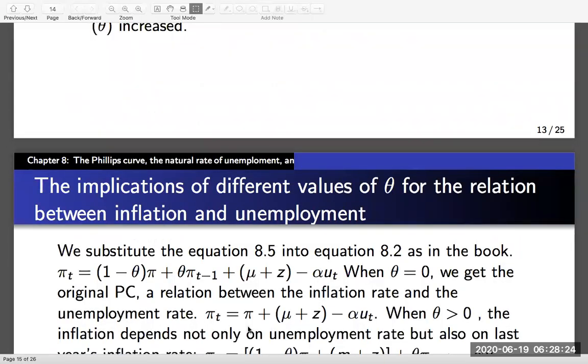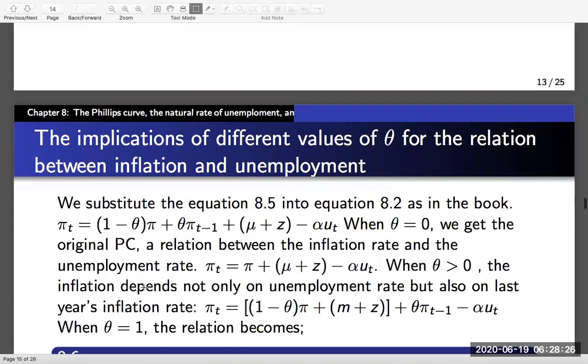So what are the implications of theta starting to increase? We substitute equation 8.5 into equation 8.2, as in the book, and you get this relation. When theta is equal to 0, we go back to the original Phillips curve: a relation between the inflation rate and the unemployment rate, which was our normal.